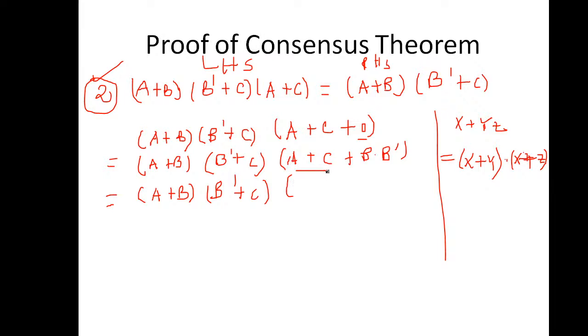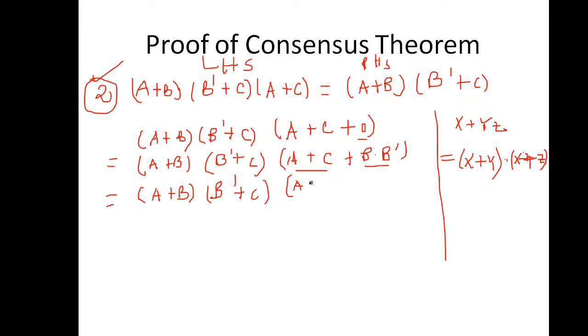Now if you see this one, consider this A plus C as X. And if you consider the second one, B into B bar, as Y into Z, so you can consider this as X and this as Y into Z. So how can you break this one? Can we do it slowly?